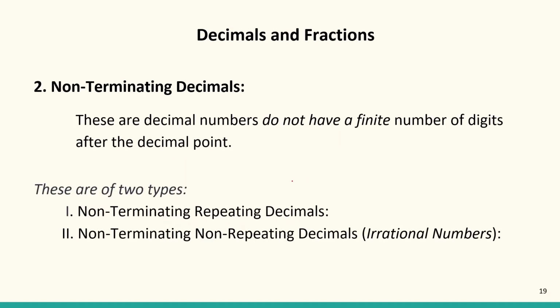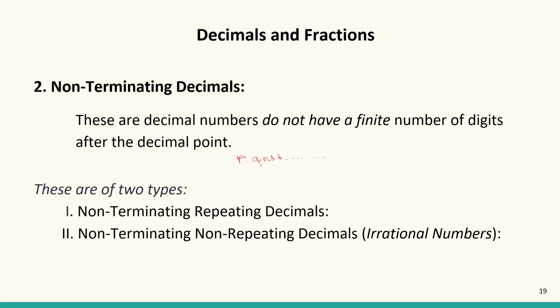So what are non-terminating decimals? These are decimal numbers that do not have a finite number of digits after the decimal point. The number of digits after the decimal point is not finite. Let's say an example: p dot q r s t and so on, so on, so further.